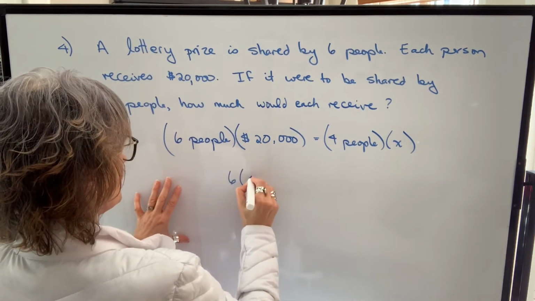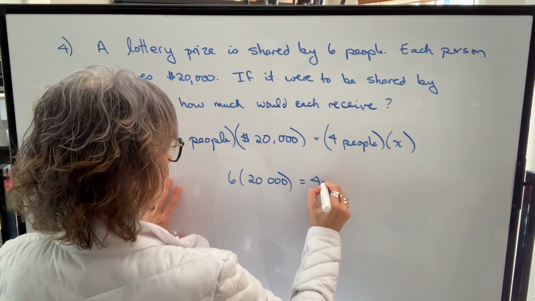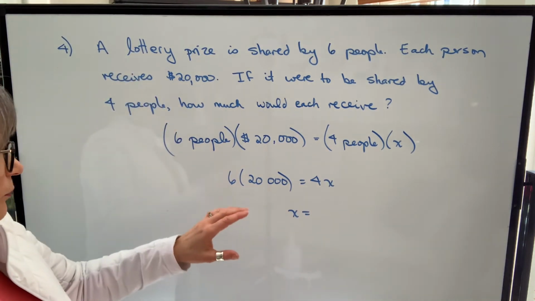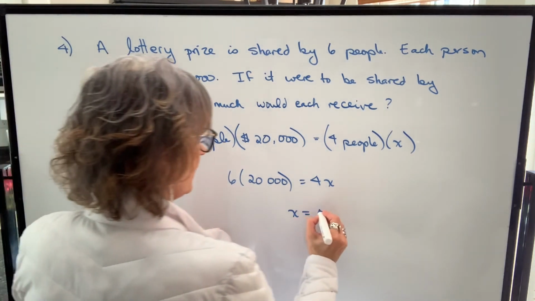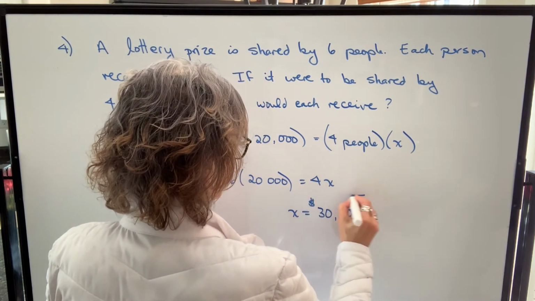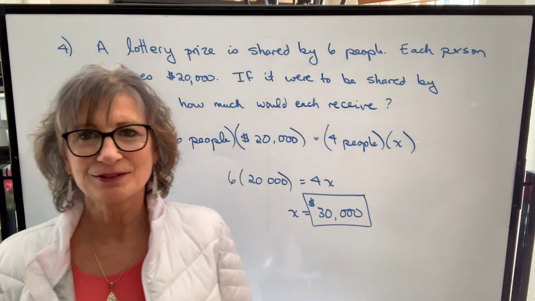So 6 times 20,000 equals 4 times X. And when we solve it, we're going to have 6 times 20,000 divided by 4. The answer will be 30,000. So each winner would receive $30,000.